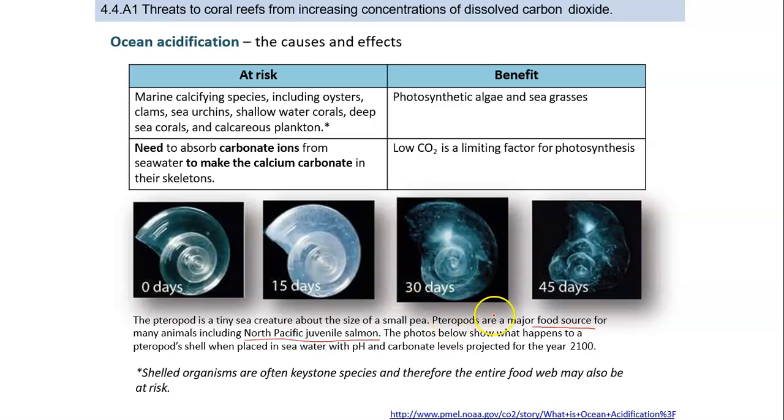These photos show what happens to a pteropod shell once they are placed into seawater with the pH and carbonate level projected for the year 2100. It's a very nice experiment, where they put these pteropods into the same pH of seawater which is going to happen in 2100.